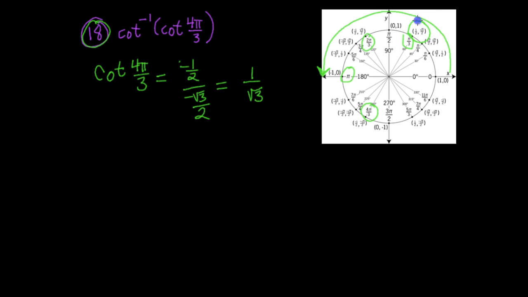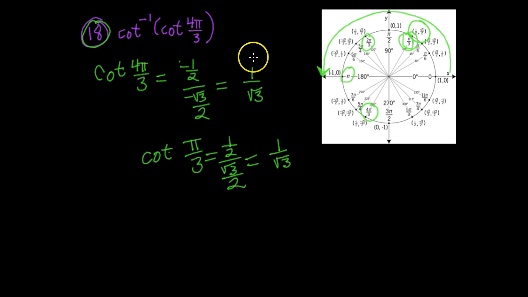So do you see that at positive pi over 3, if I looked at the cotangent of pi over 3, that would be the same thing, because that's x, which is 1/2 in the first quadrant, over the square root of 3 over 2, which is equivalent to 1 over the square root of 3.